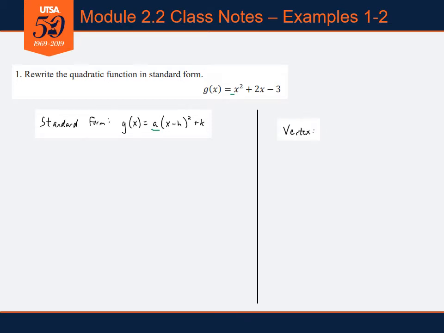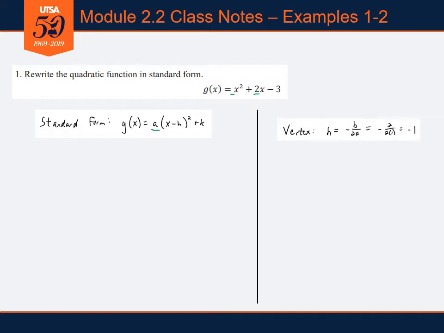That's the vertex. And as you noted in your reading, or maybe you even remember this from a previous math class, we have a relatively simple formula for finding h, the x value of the vertex. The formula is h equals negative b over 2a. So negative b over 2 times a, where we already recognize that a is 1, and in this example, b is 2.